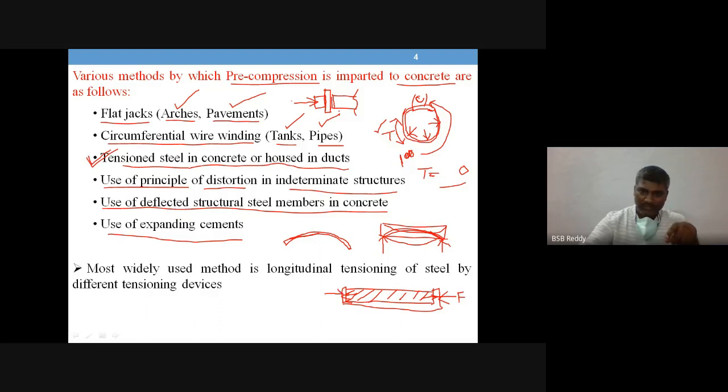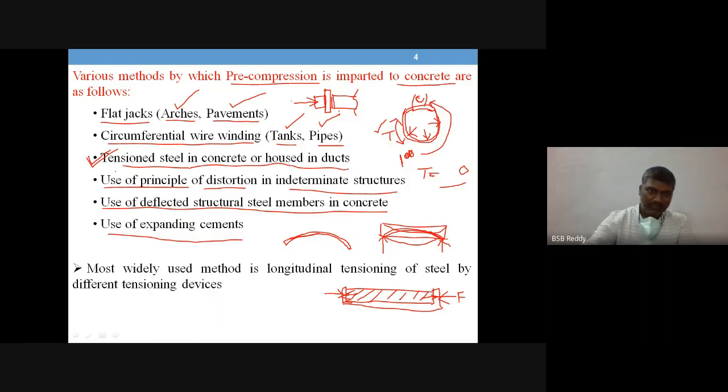So that is the technique in terms of expanding cements. But it is mostly used to block the cracks and all. So mostly repair works will be done using expanding cements, right?